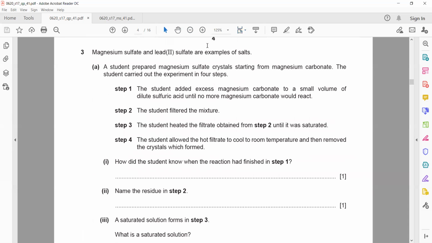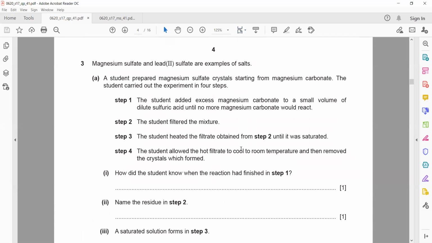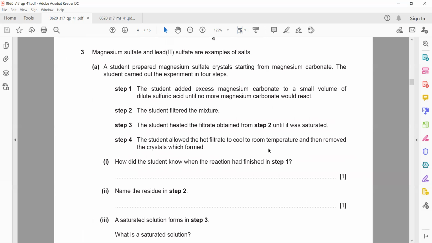Name the residue in step 2. What is left on the filter paper is called a residue when you filter it out. What will be the residue? Magnesium sulfate? No, magnesium carbonate. Why? You have a container. Magnesium sulfate is a solution.